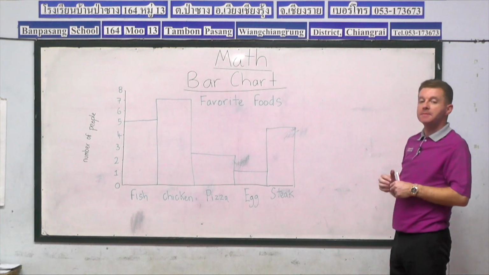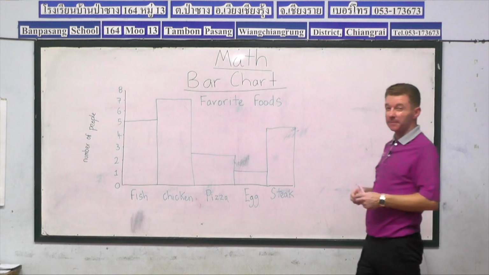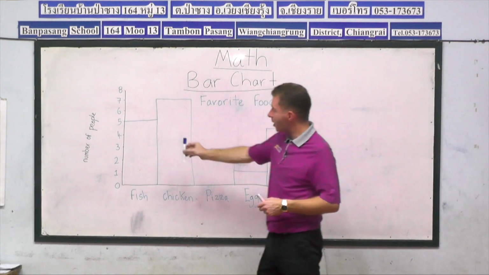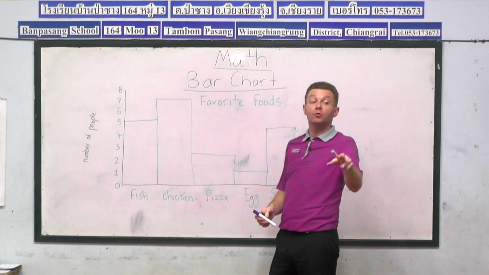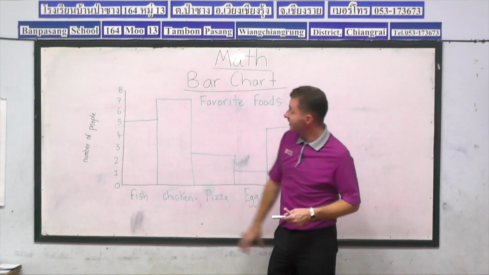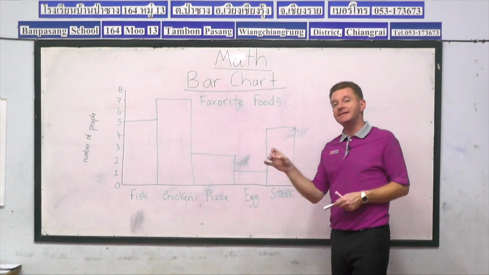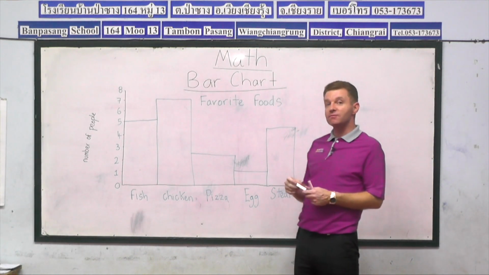Okay, now how many bars can you see? 5. Now I've only got the one color, so all of my bars are blue. But if you do your own and you have coloring pencils, always a good idea to have a different color for each bar. That way it's easy to refer to the different types of information.